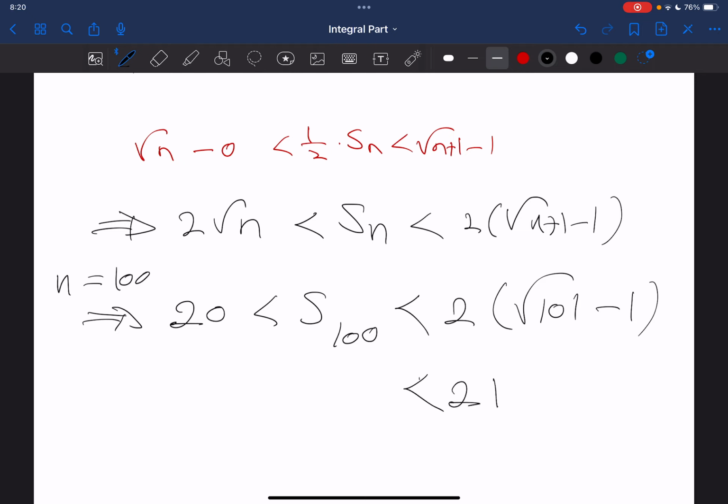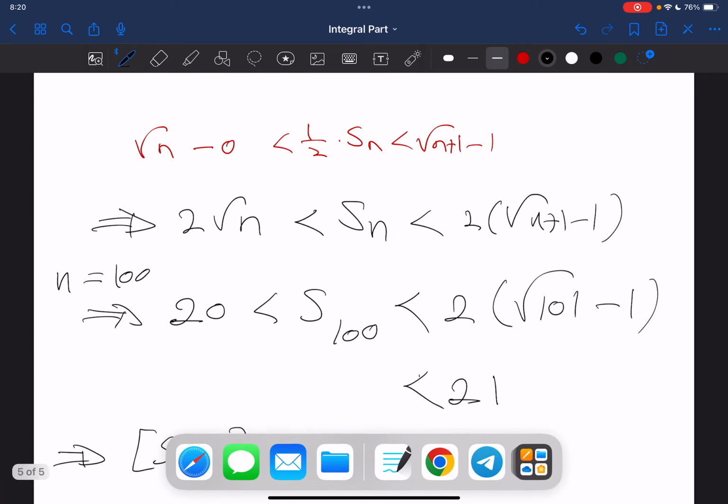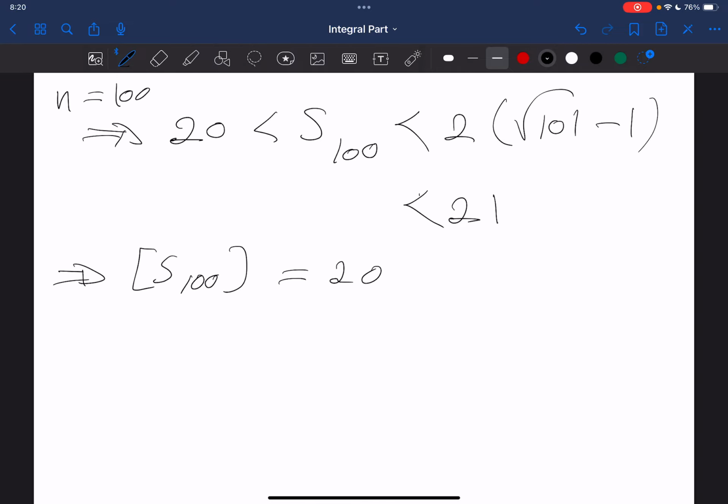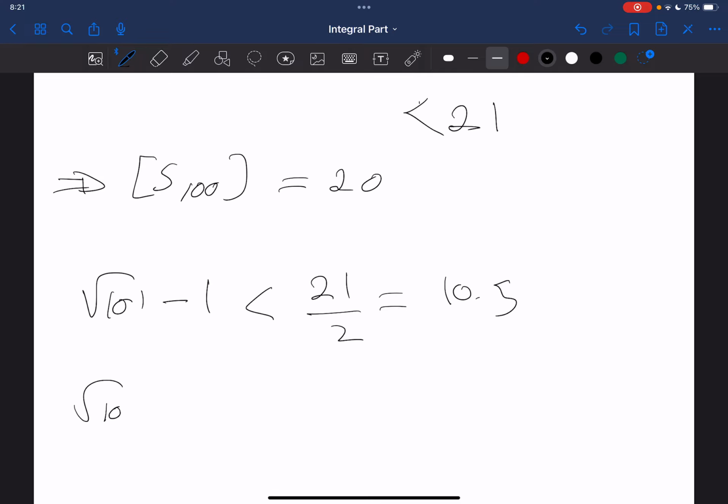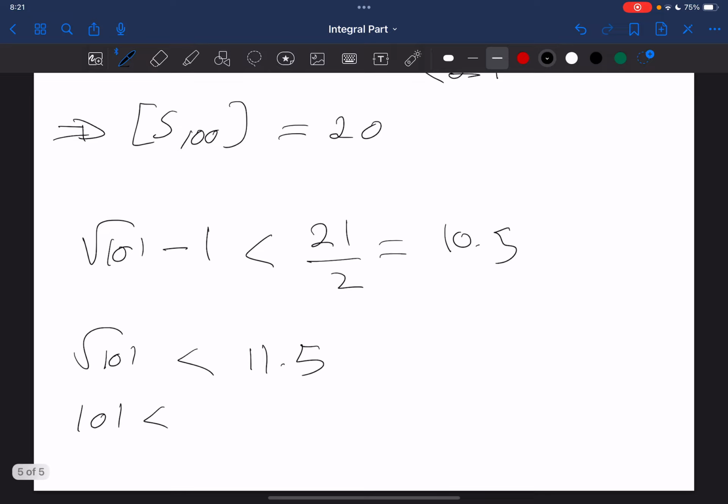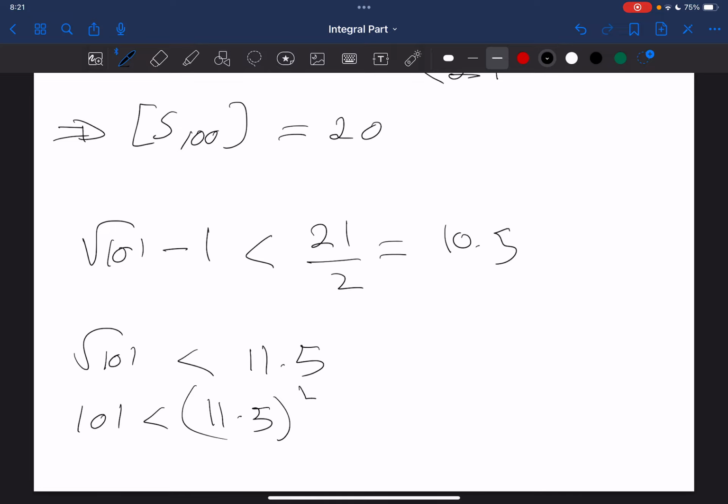Once I show that the right hand side is less than 21, I have proved that the integral part of S100 is 20. And to actually show this, we have 2 root 101 minus 1 is less than 21, so root 101 minus 1 is less than 21 divided by 2, which is 10.5, and then root 101 needs to be less than 11.5, and then 101 should be less than 11.5 to the power 2, right?